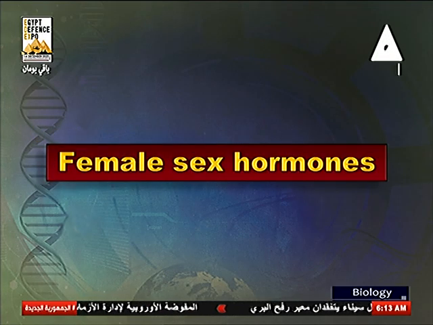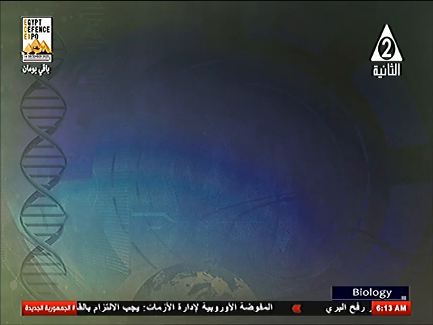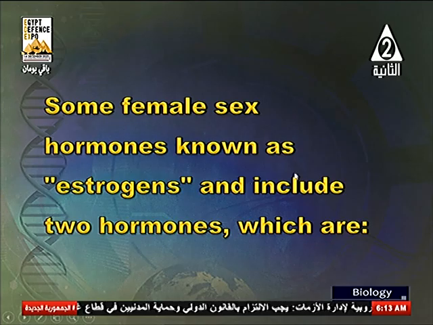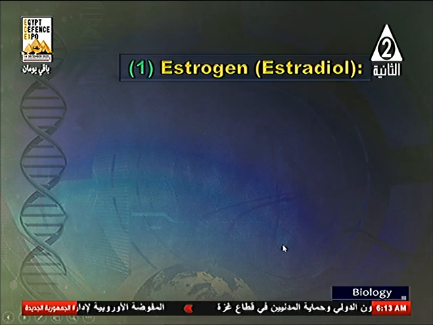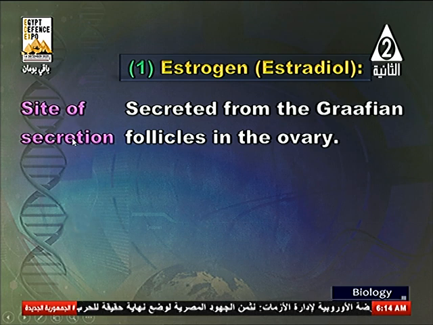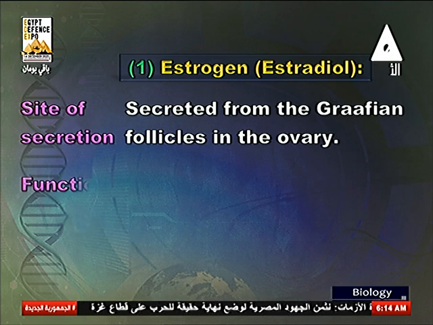The second one is female sex hormones, known as estrogen, which include two hormones. Estrogen or estradiol hormones are secreted from the Graafian follicle in the ovary.